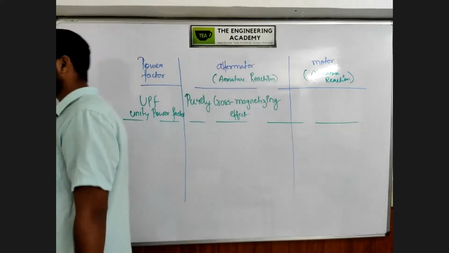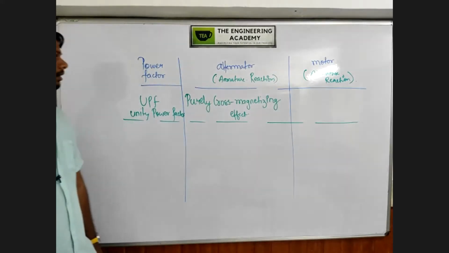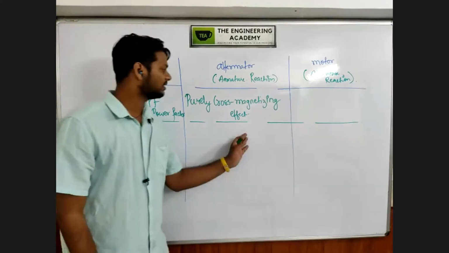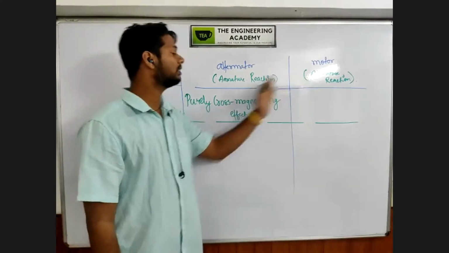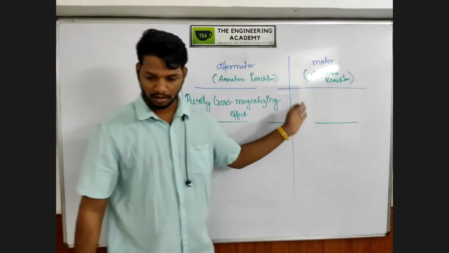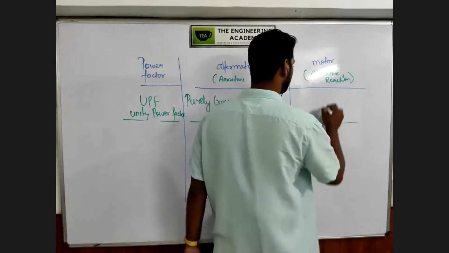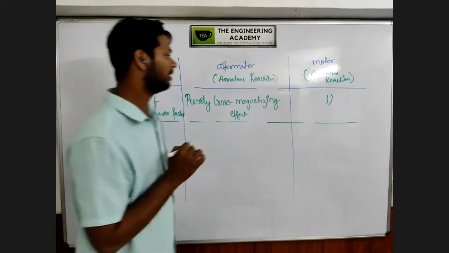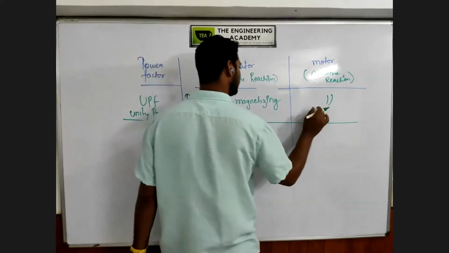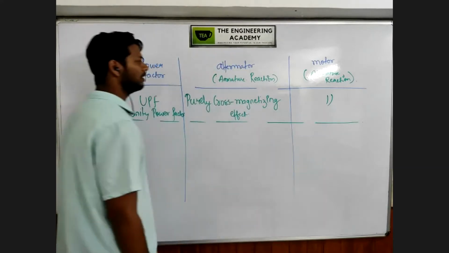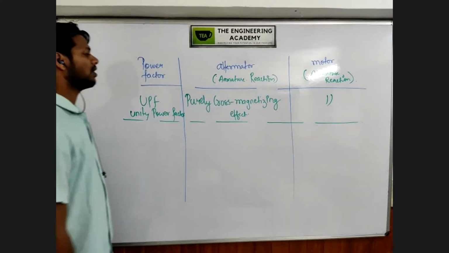Purely cross magnetizing effect when alternator works under unity power factor. When motor works under unity power factor, there is also purely cross magnetizing effect. Same, right? Purely cross magnetizing effect.